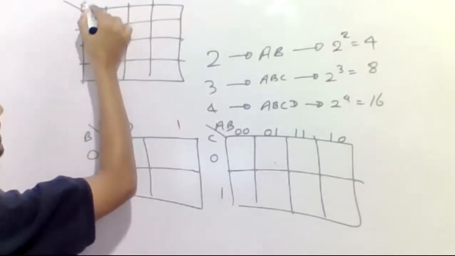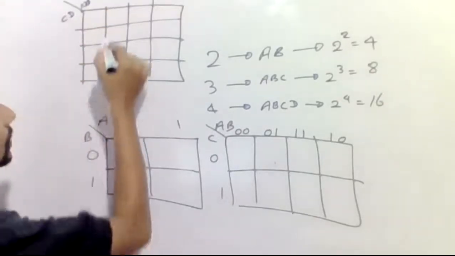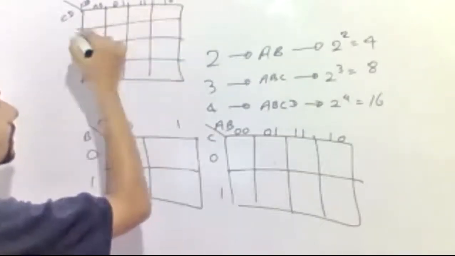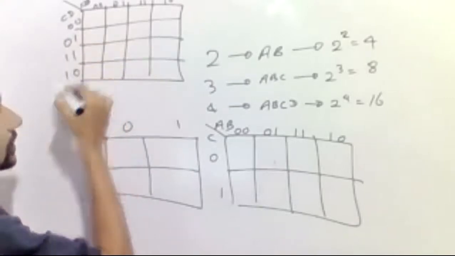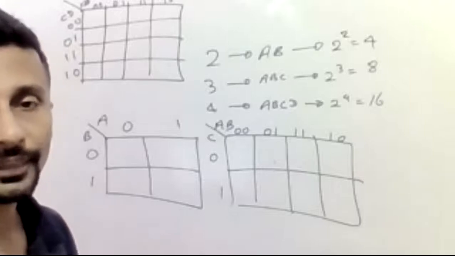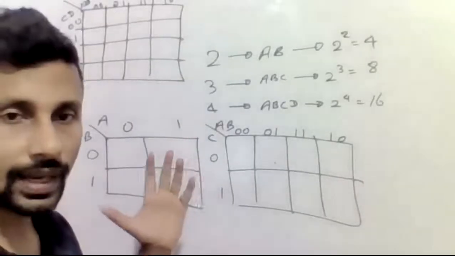I'm taking AB this side, CD this side. So 00, 01, 11, 10. Here this side also 00, 01, 11, 10. So this is the way of drawing K-maps according to the number of variables.